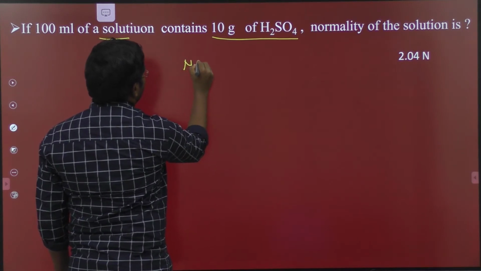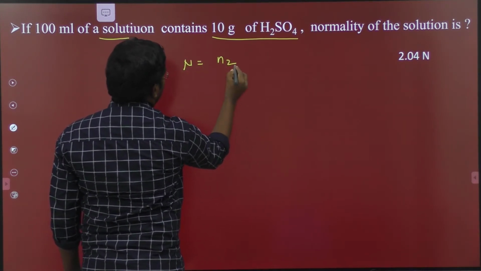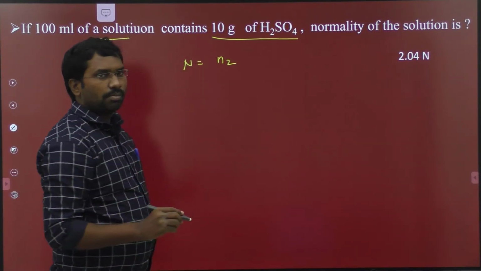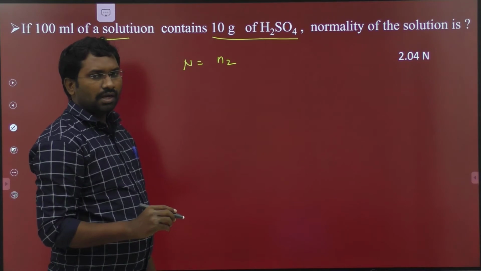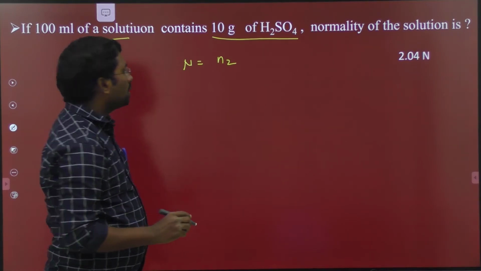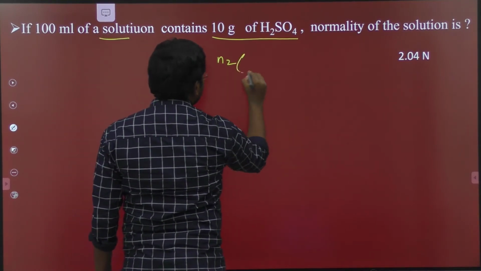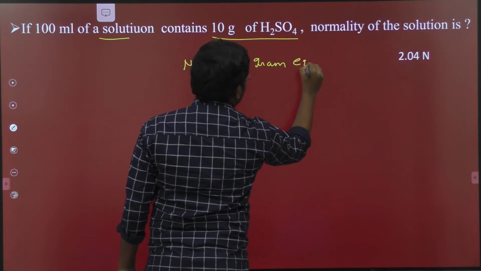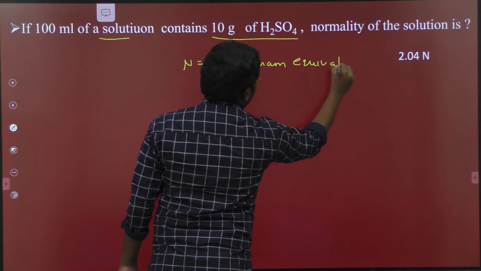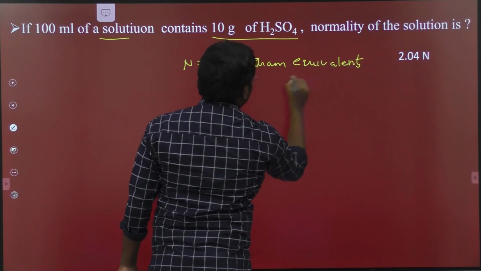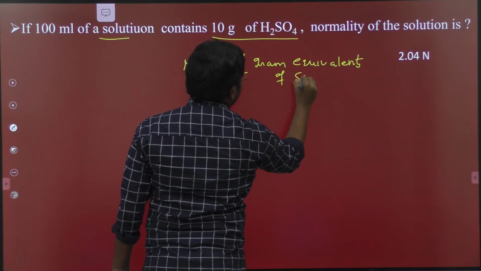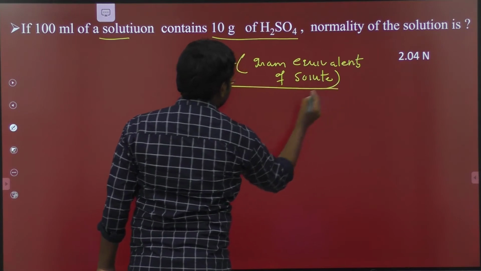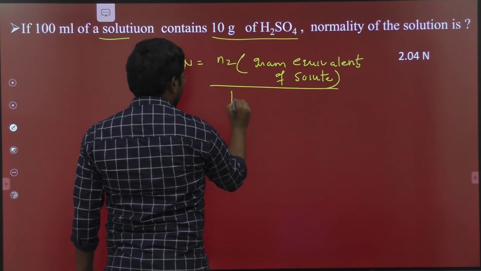Normality N is equal to the number of gram equivalents of solute present in 1 liter volume of solution.